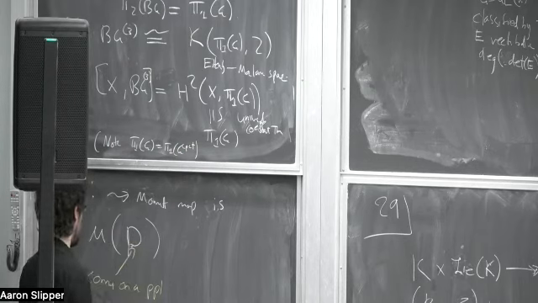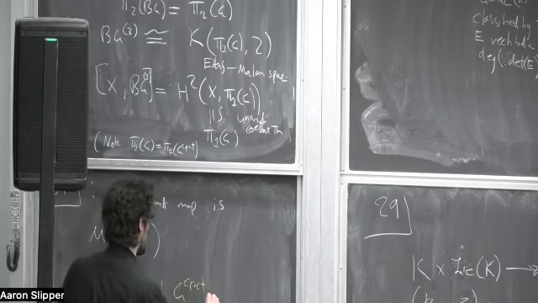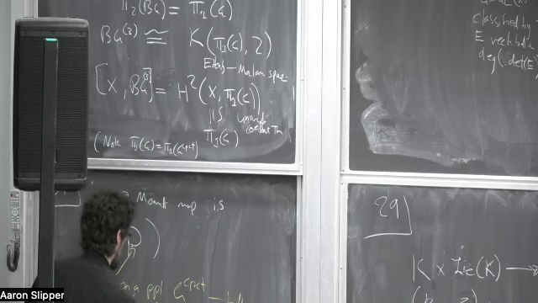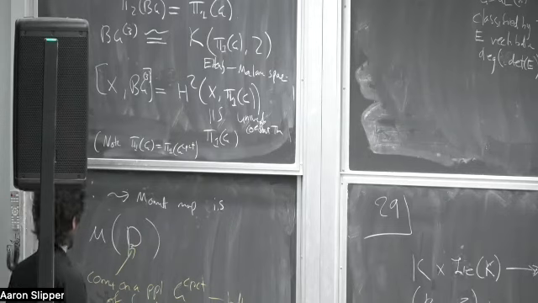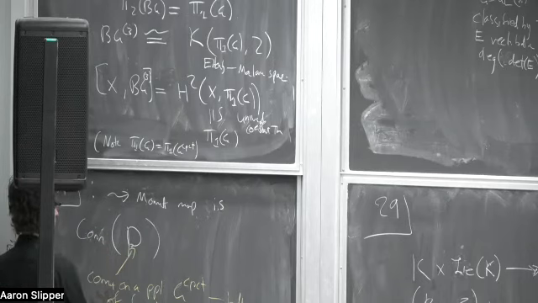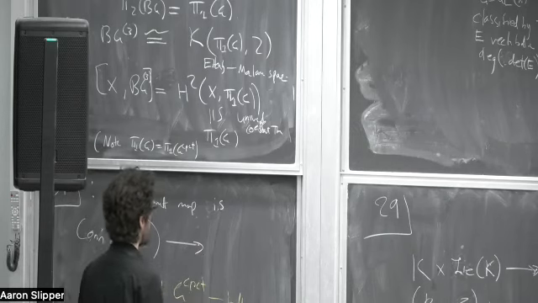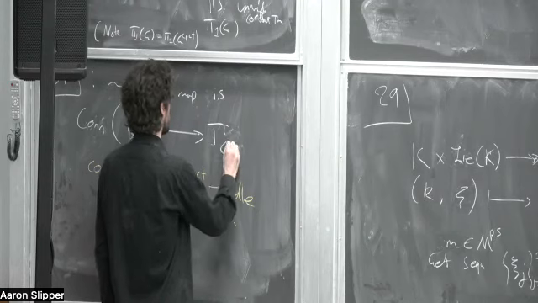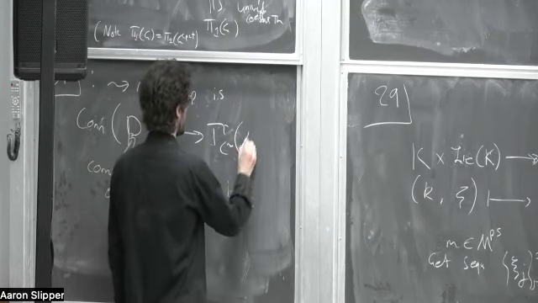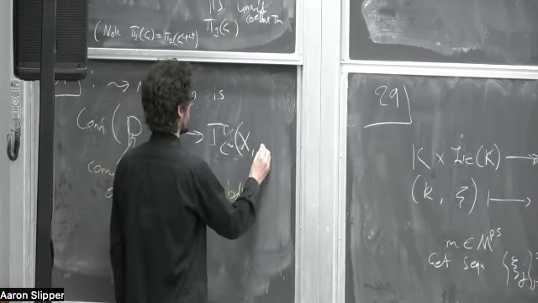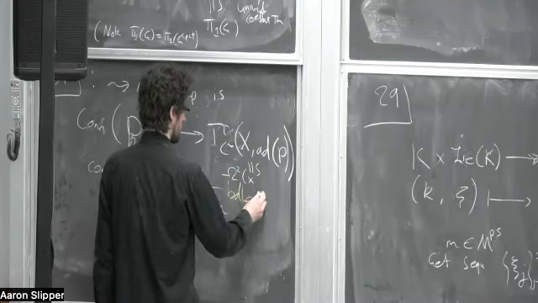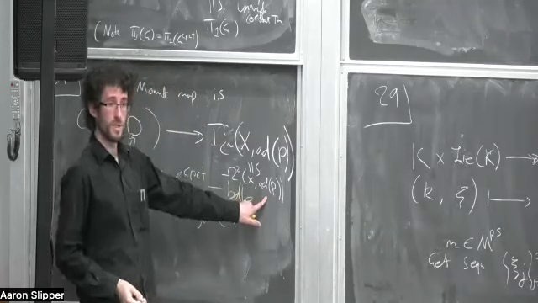So we look at the connections on a principal compact G-bundle of a fixed topological type. Mu maps to, well, it needs to map to Lie K star, where that is Gamma infinity of x at P, which we can identify by Poincare duality with two forms.